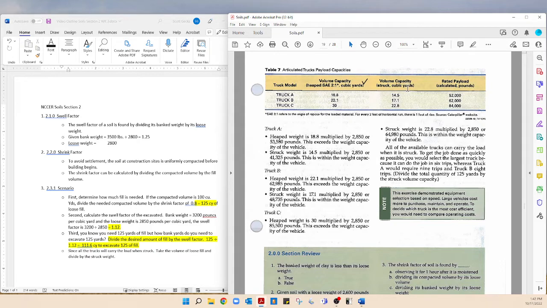Multiply the volume times this weight. Make sure you don't exceed this. Make sure you're not getting too small of a truck, and make sure you're not getting too large of a truck. What you want to find out, I'm not going to tell you that, the book may, but you need to figure out how many trips it's going to take you to haul that much weight.